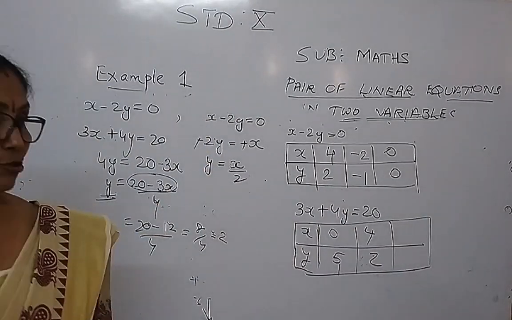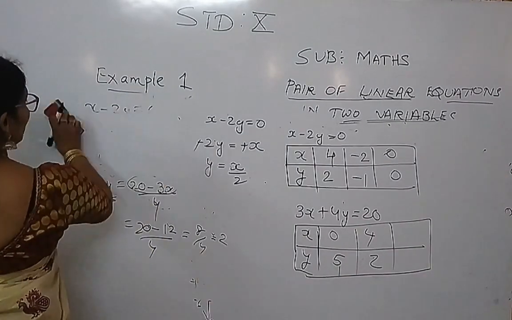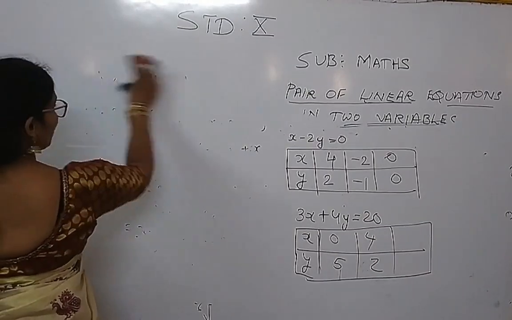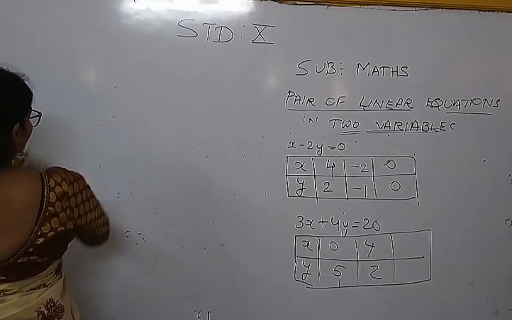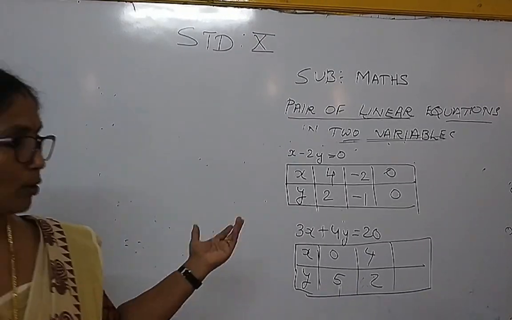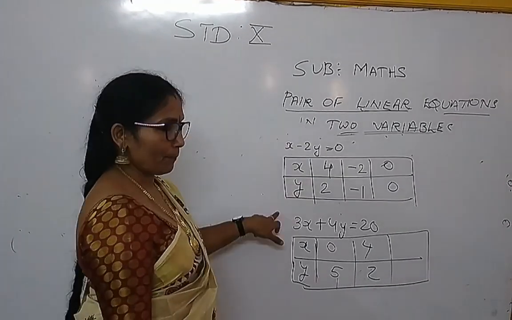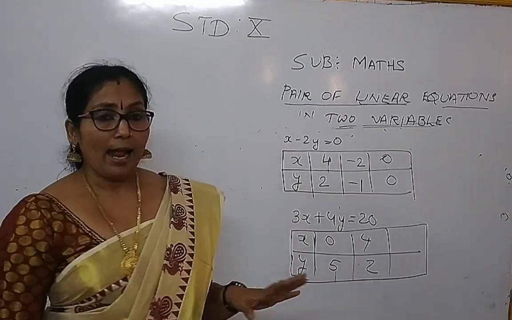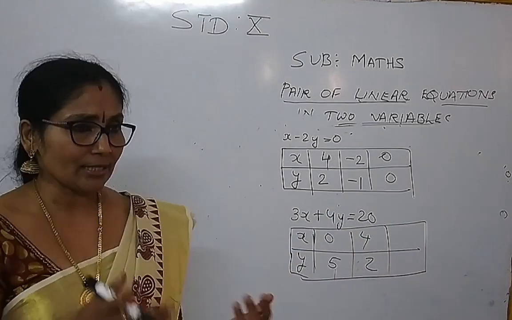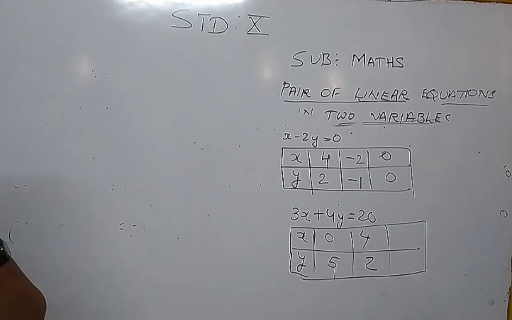Now let us draw the graph for these two equations and see how it will look. I told you already that both equations represent a straight line, whether it is the first one or the second one, because both are linear equations in two variables. And when it is representing straight lines, there are three possibilities: they may coincide, or be parallel, or intersect at a single point.